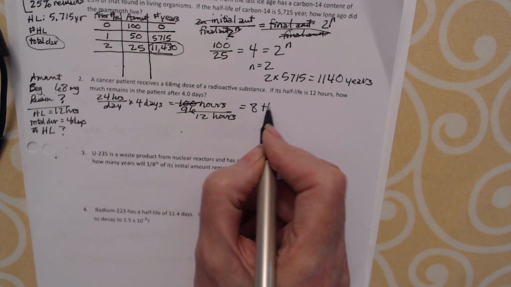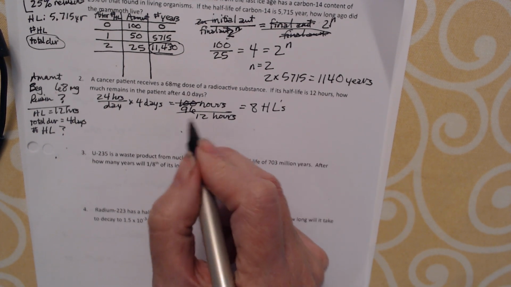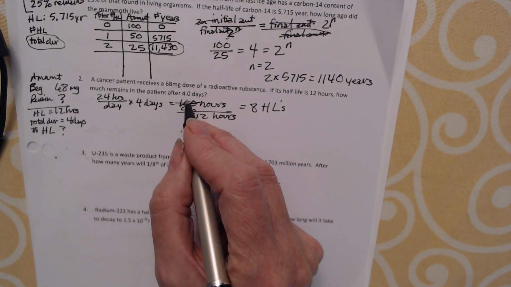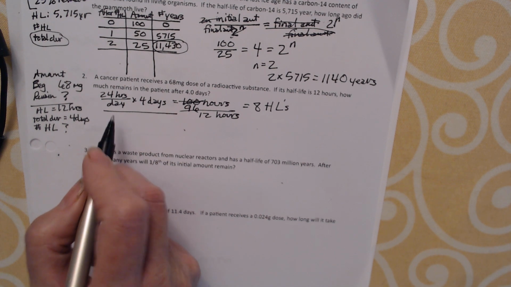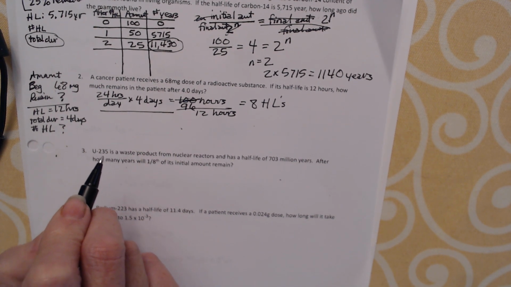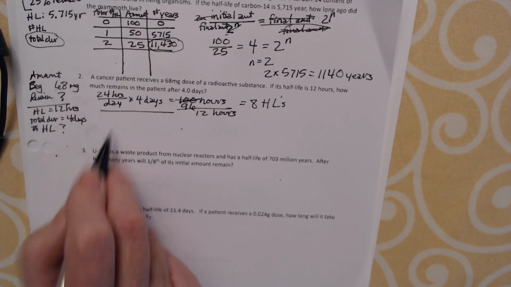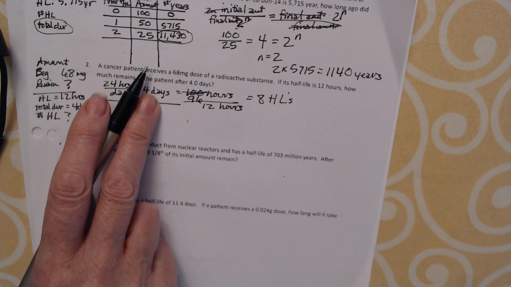So I have 8 half-lives. All right. And then how much remains in the patient after 4 days? Now, if I wanted to at this point, I could just do my table, right? It'll be a long table since I have 8 half-lives, but I could definitely do that and work through that. And I would just use the exact same process that we had up here.